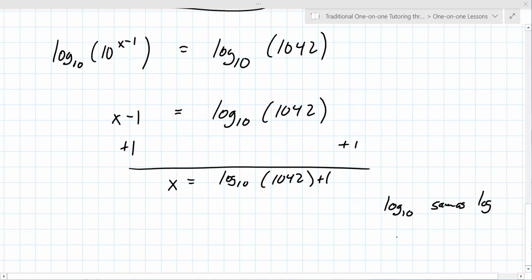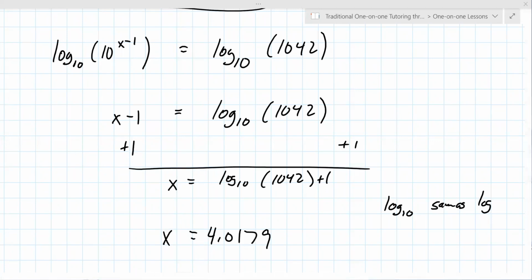I'm going to do this here as well. And I get x is 4.0179. Yeah, I got the same thing. Great. To 3 decimal places, 4.018.